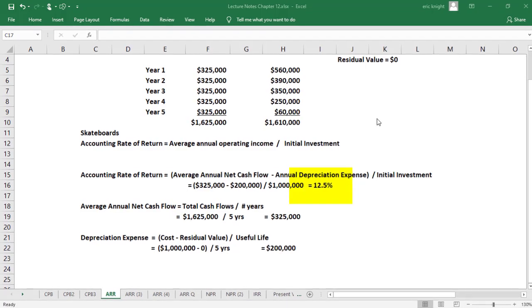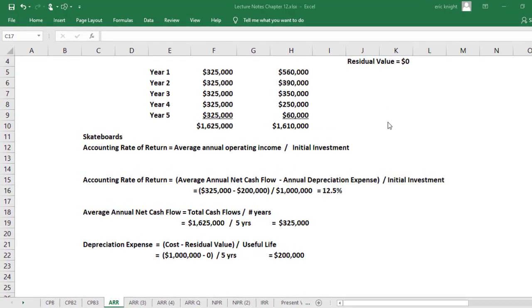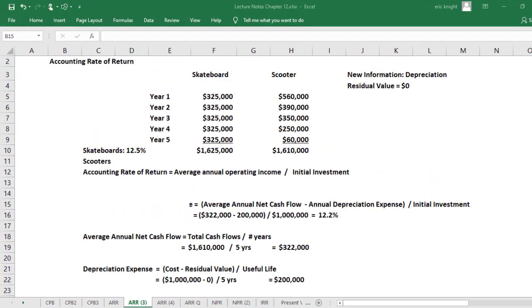Let's compare that to the scooter investment. For the scooters, a lot of it's the same, but we have to calculate an average annual net cash flow. So we take the $1,610,000 divided by 5 years, and our average cash flow is just $322,000. The depreciation expense is the same because the residual value for the scooter equipment is 0 also.